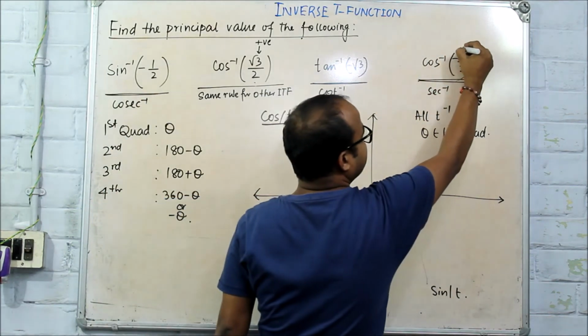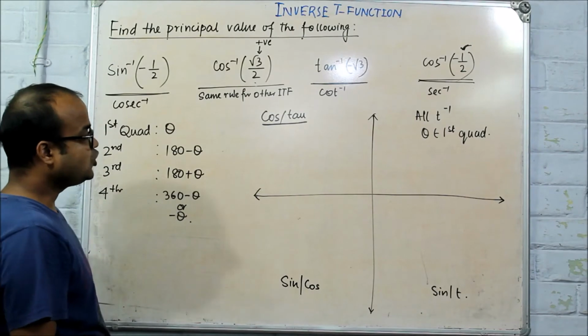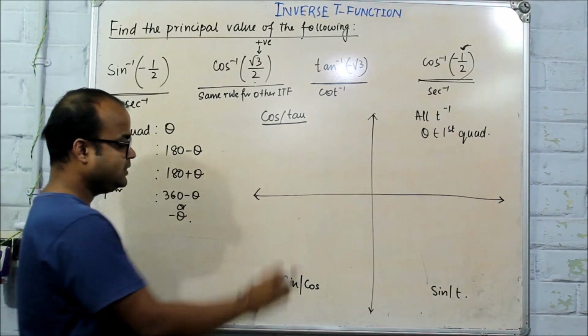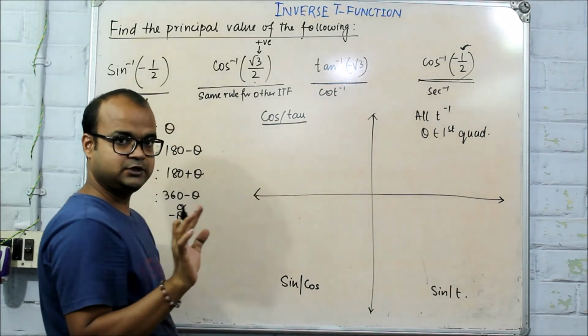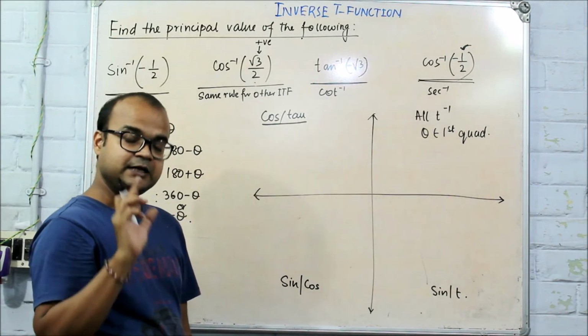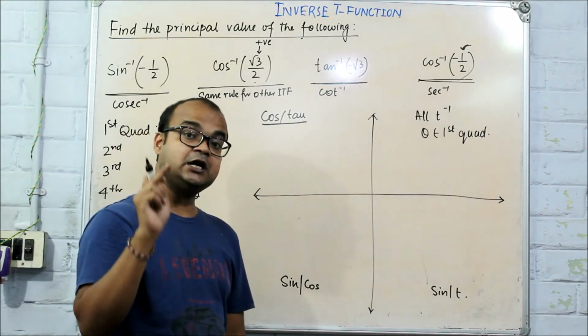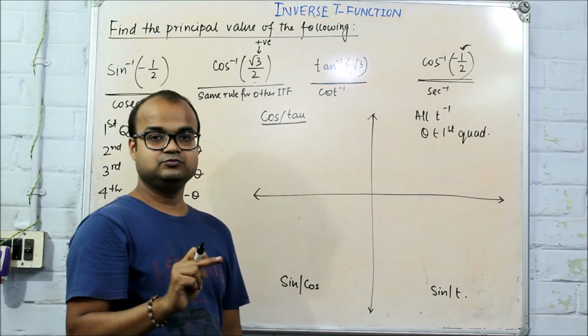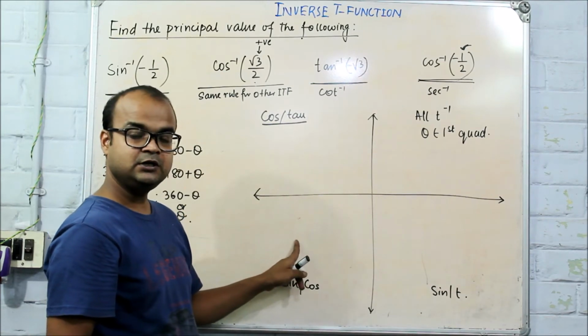Now suppose this is cos inverse of minus 1 by 2. Cos will be negative either in the second quadrant or in the third quadrant. Clear? Now tell me, in which case are you getting the angle as minimum, whether in the second quadrant or in the third quadrant?